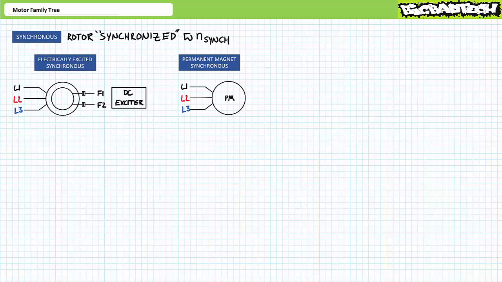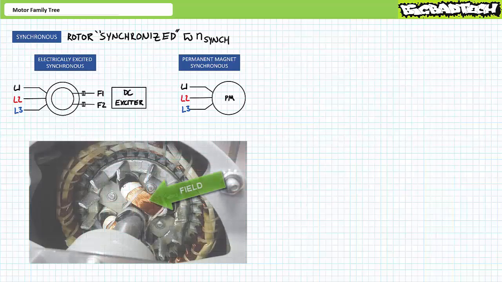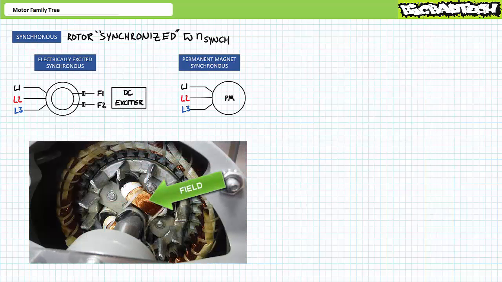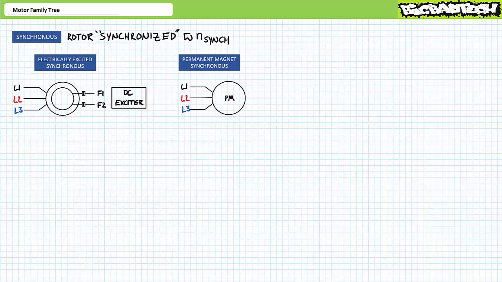These differing means of rotor construction present some advantages and disadvantages. An electrically excited synchronous motor features a coil of wire on the rotor core called the field, between F1 and F2. When the field is energized by a DC source known as a DC exciter, it establishes an electromagnet on the rotor. We'll examine the theory behind electromagnets in the electromagnetic interaction lecture.